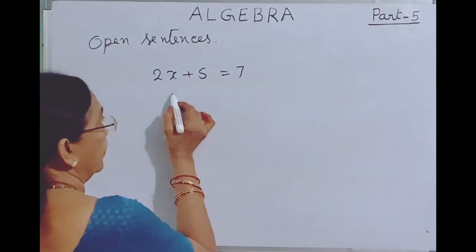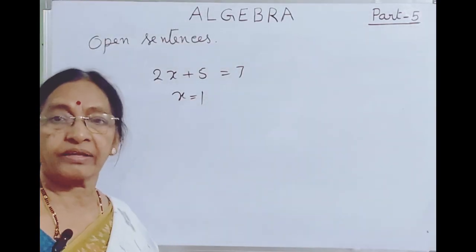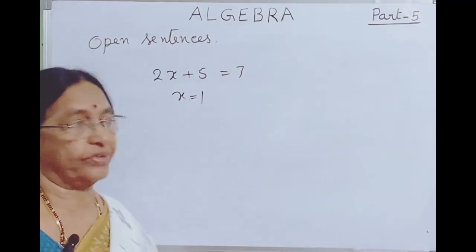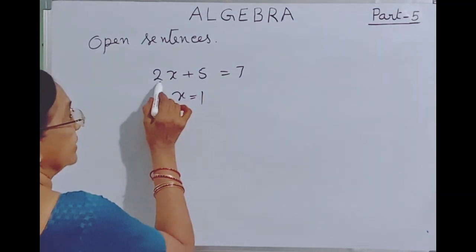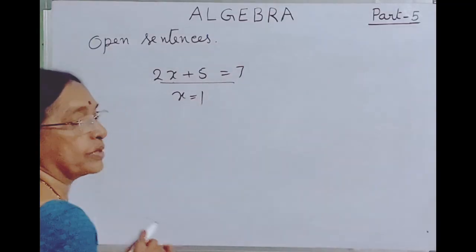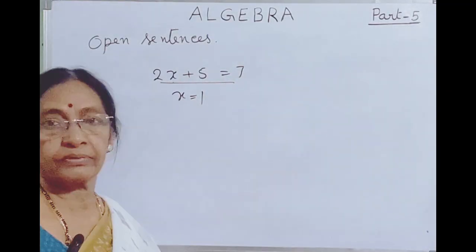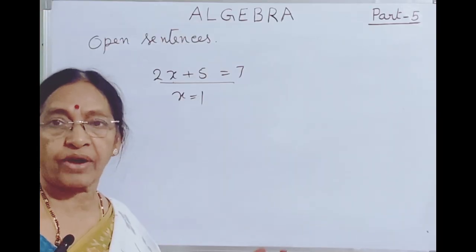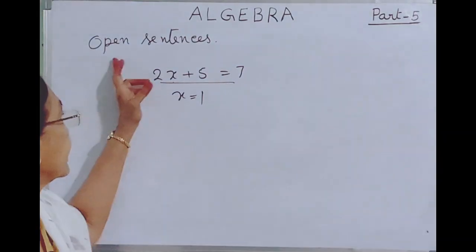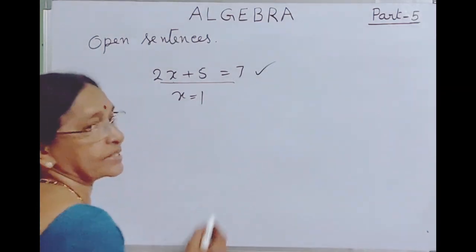It is true for x is equal to 1 and false for some other values of x. Therefore, a sentence which is true for some values of the variable and false for other values of the variable is called an open sentence. This is an open sentence.